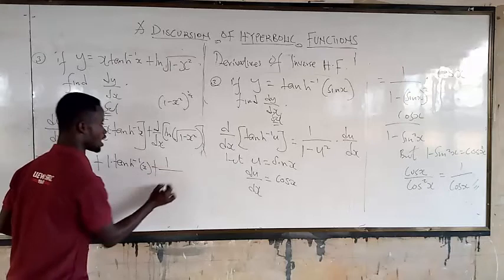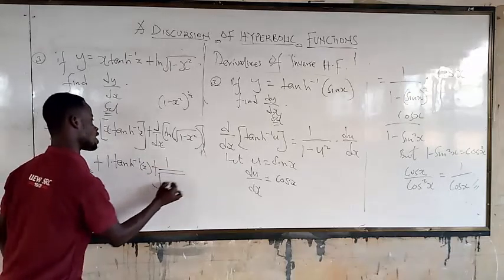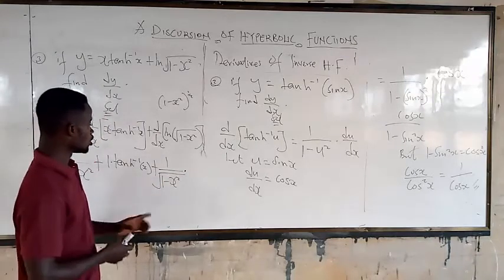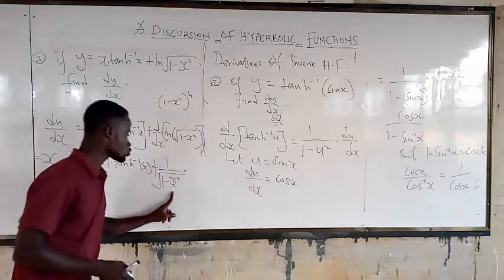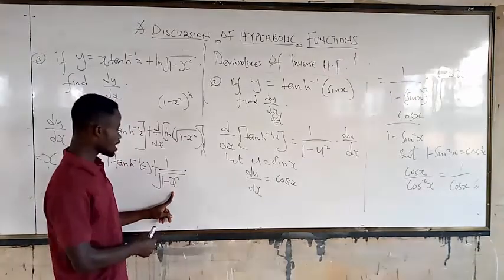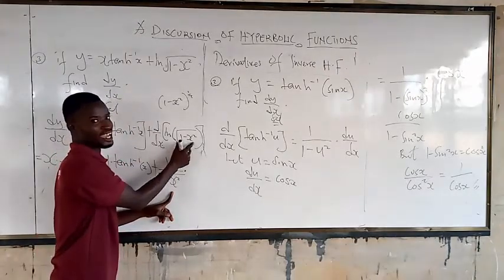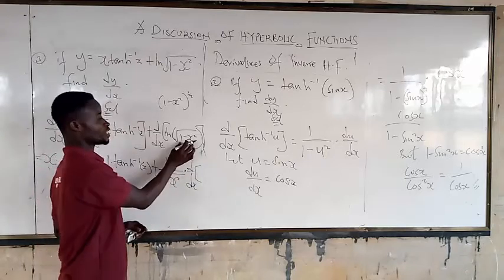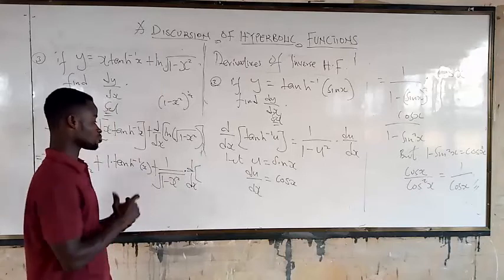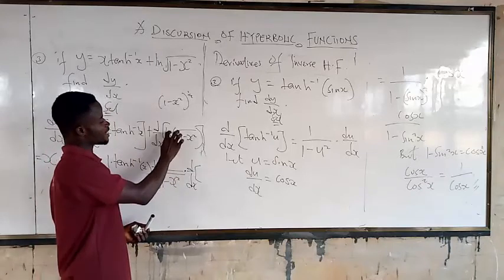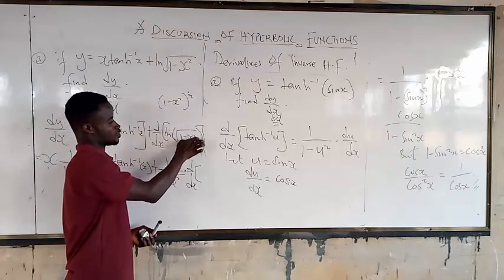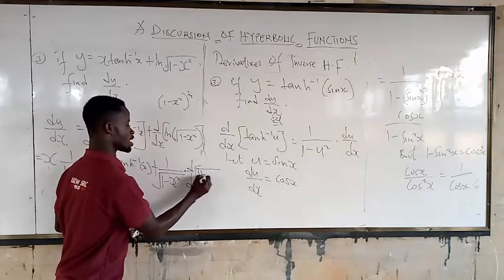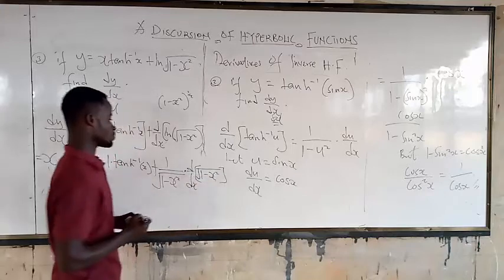So 1 over the square root of 1 minus x squared, or 1 over the inside of the ln. Then you take the derivative of the inside. And the derivative of the inside is not just this, but rather include the square root. Very good.